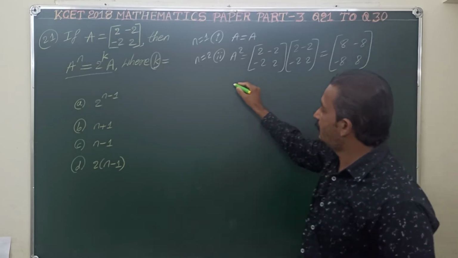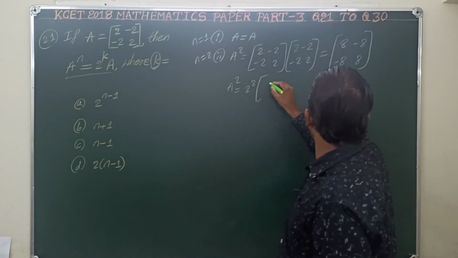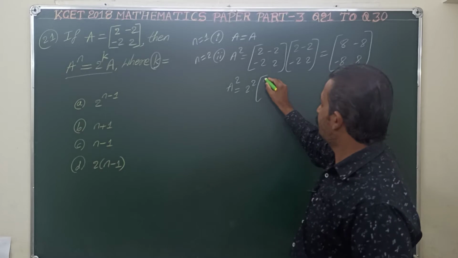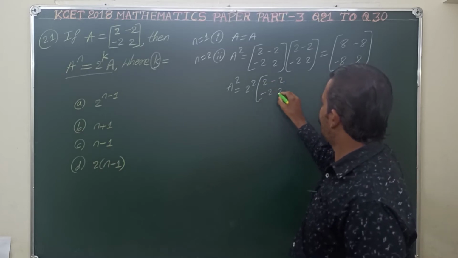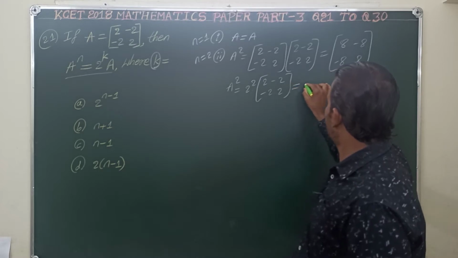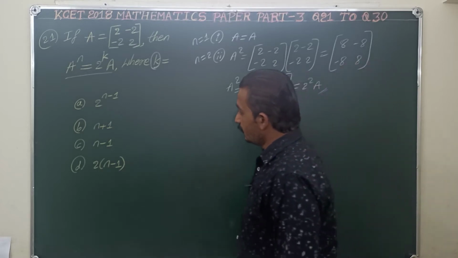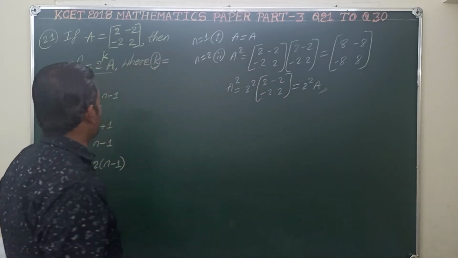Here 2 square is common, take it outside, 2 square into [[2, -2], [-2, 2]] remains inside. It becomes A square is equal to 2 square into A. So using these two conditions, identify the answer for the k value.